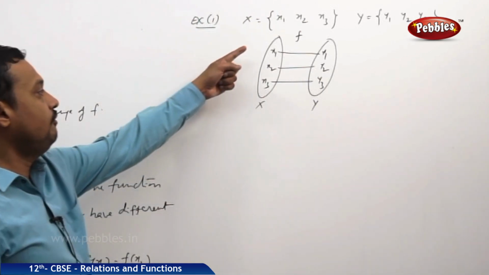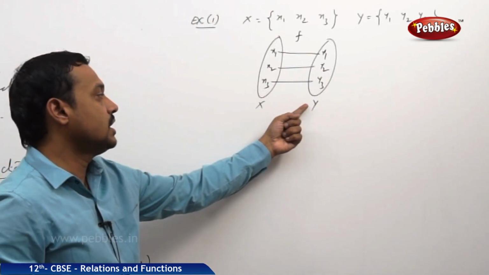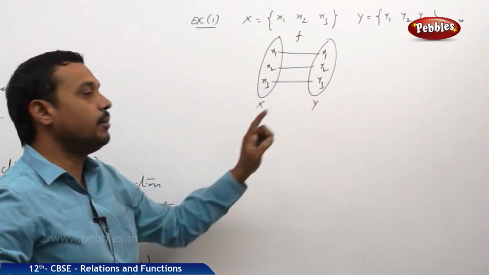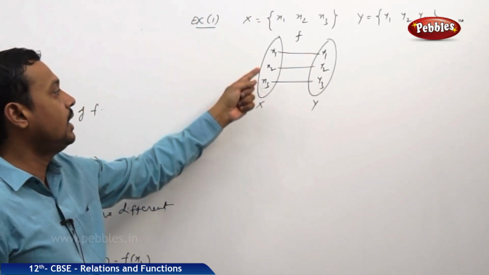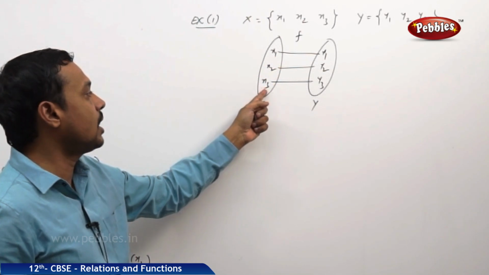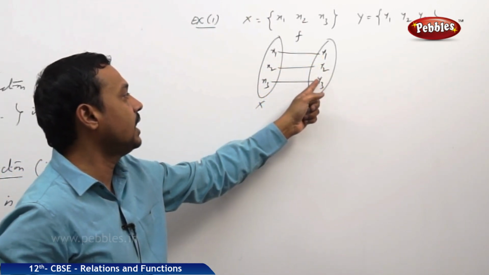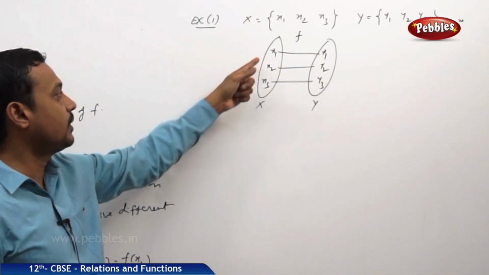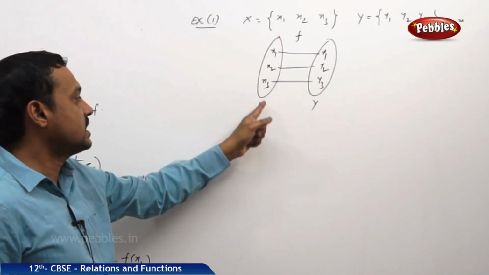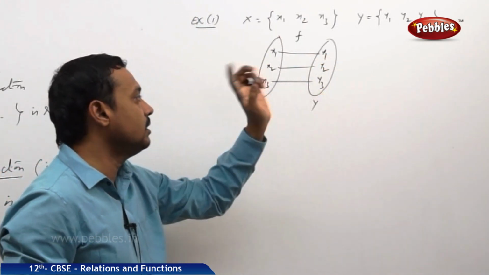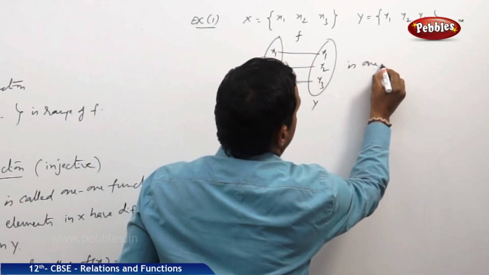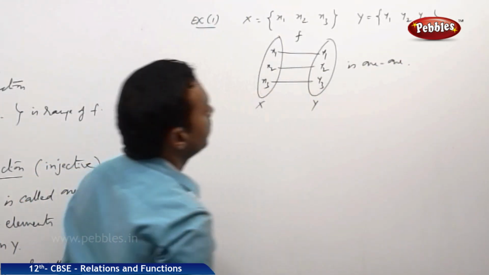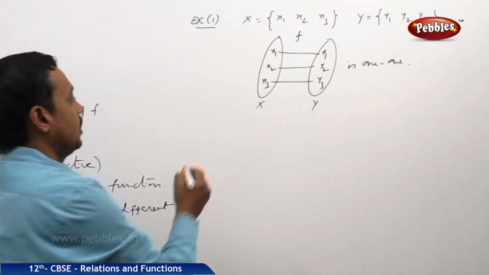See, every element in x is associated with a unique element in y. So basically it's a function, and different elements of x are mapping to different elements in y, so it is a 1-1 function.